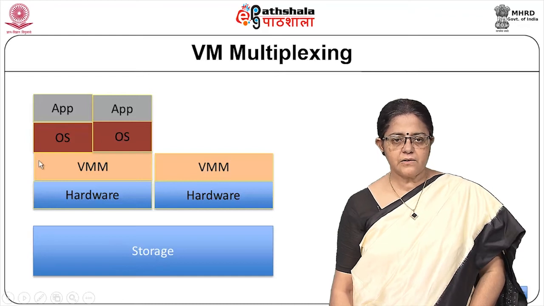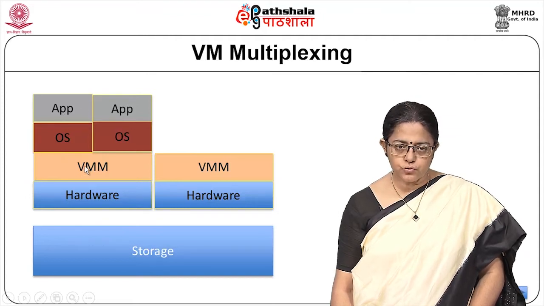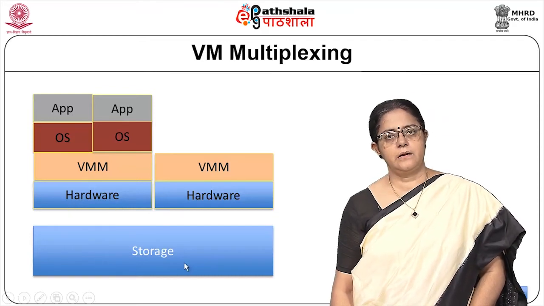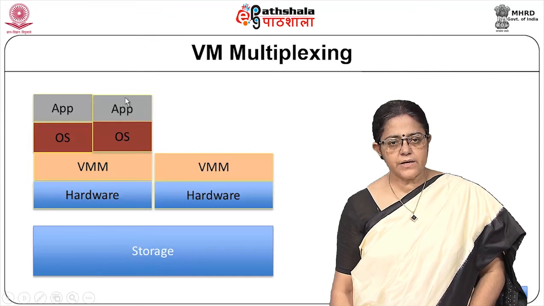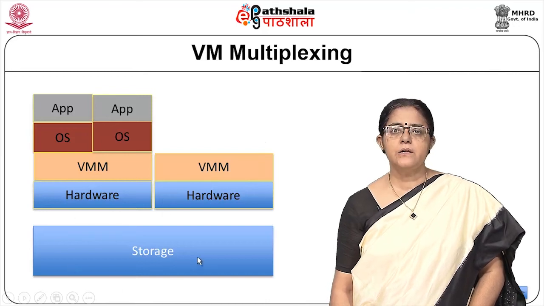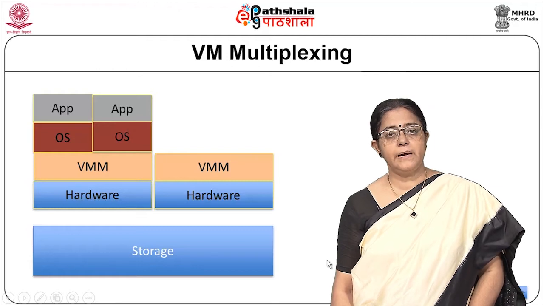Now, this particular machine having 2 virtual machines, this one and this one, they are both sharing through the VMM this hardware and the complete storage. So, that's why it is called multiplexing. So, 2 machines can be made to share a storage, and this sharing will be completely transparent to the applications running on top of the VMM. So, this is called multiplexing.